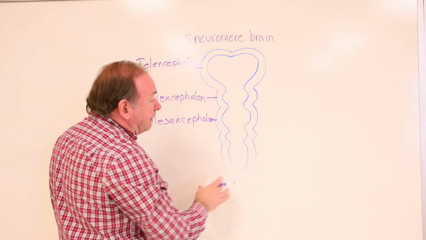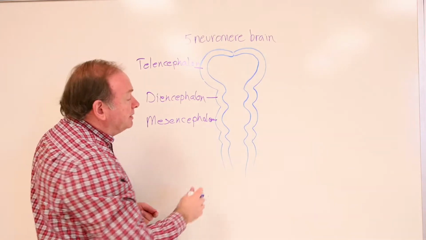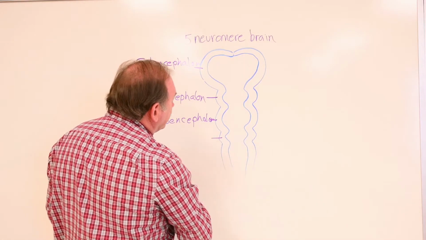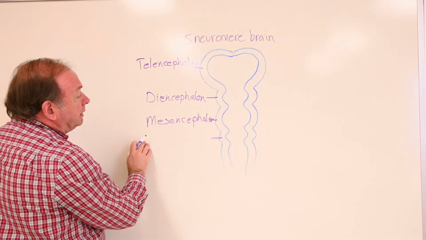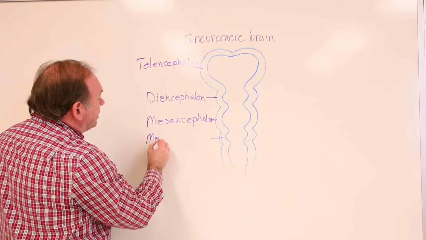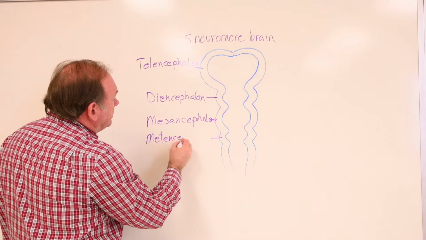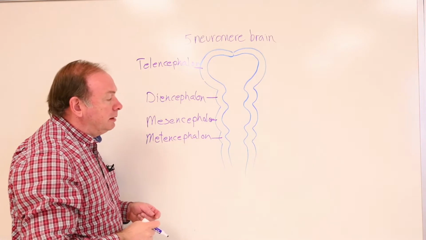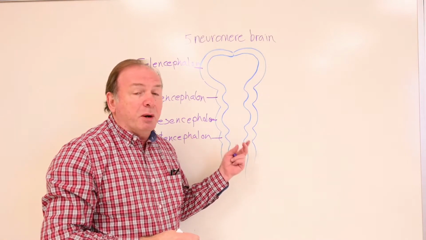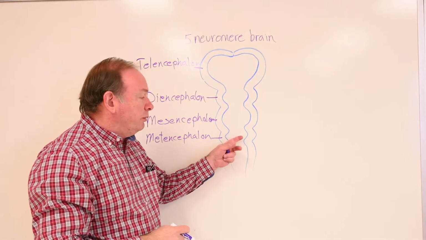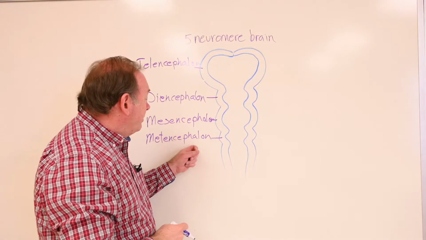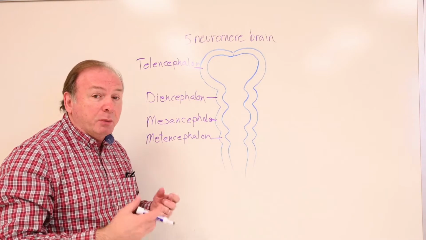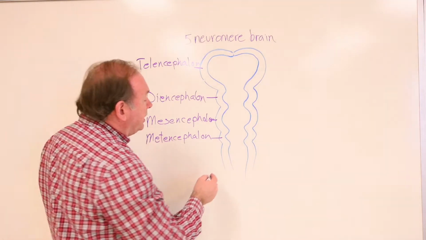Then finally, the rest of the brain comes from the old rhombencephalon, but it's divided into two segments now. This segment right here, that enlargement, is called the metencephalon. The cerebellum of the brain comes from the roof portion of the metencephalon. The floor of the metencephalon becomes the part of the brain we know as the pons, P-O-N-S.